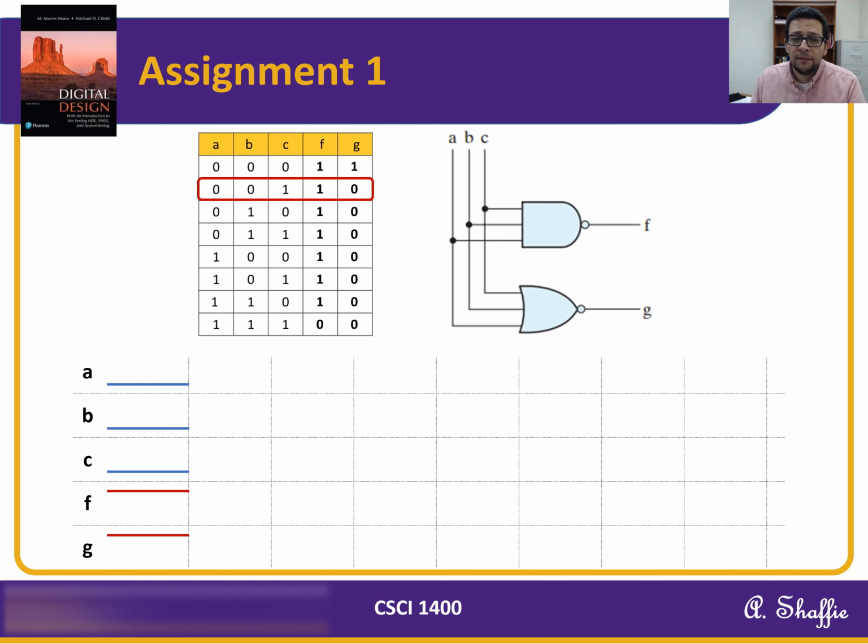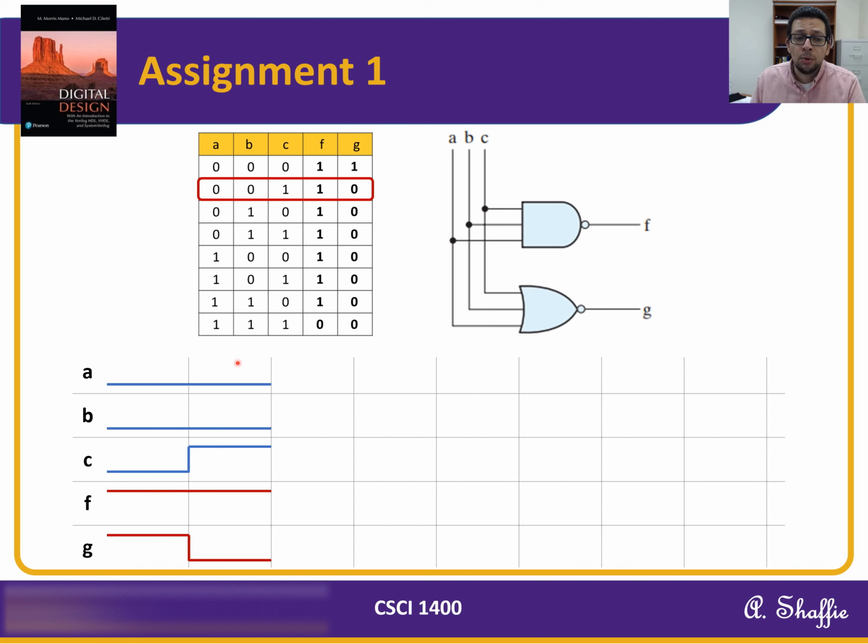But for C, I will change it from 0 to 1, so the signal will be high here. For F, it will remain as it is, high, so I will just continue the line as straight as it is. And for G, it was 1, and I will make it 0, so I have to go down like this. And this is the time for the second row.